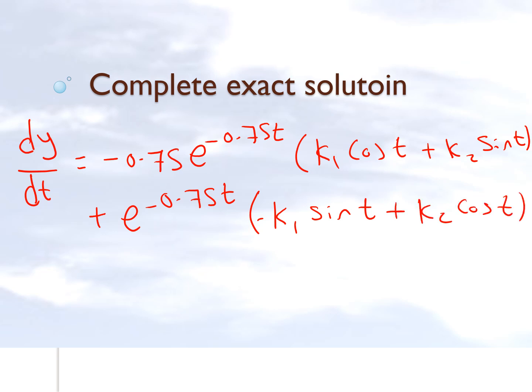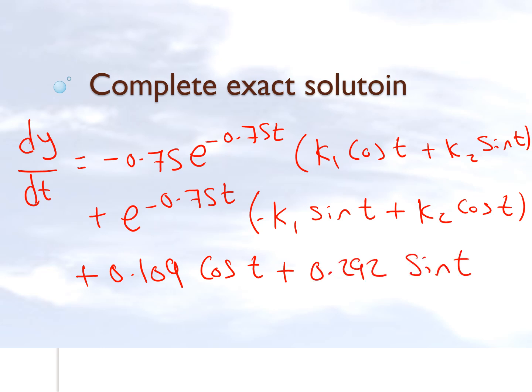So this is the derivative of the homogeneous part, and then we take the derivative of the particular part. It will give us 0.109 cosine t plus 0.292 sine t. So this part here is the derivative of the particular part.